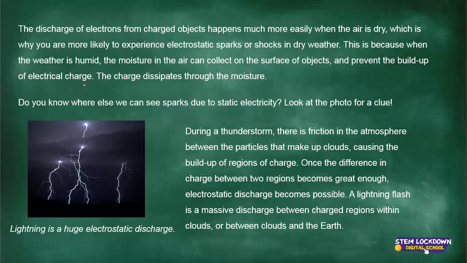So we say that the moisture in the air coats your surfaces and prevents a buildup of electric charges, and then the charge dissipates through the moisture. So basically, in humid climates like where you're close to the sea, there's a less likely chance of you getting electrically shocked or experiencing an electrostatic spark.